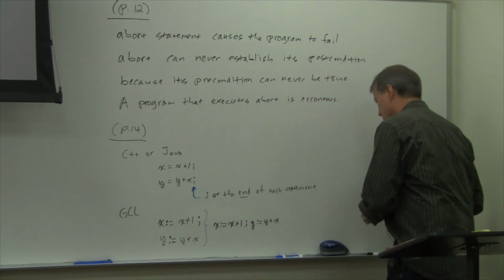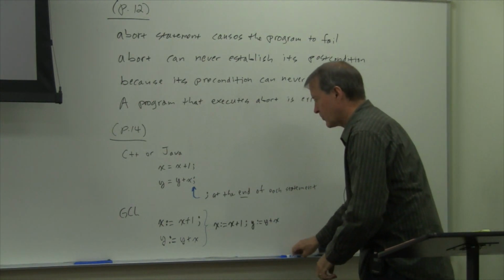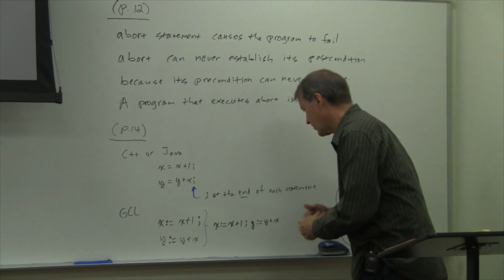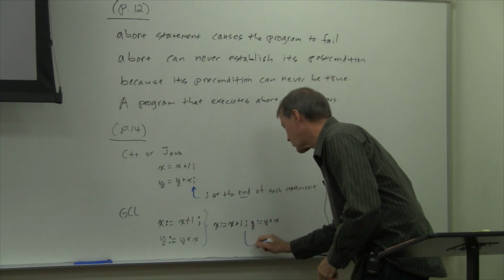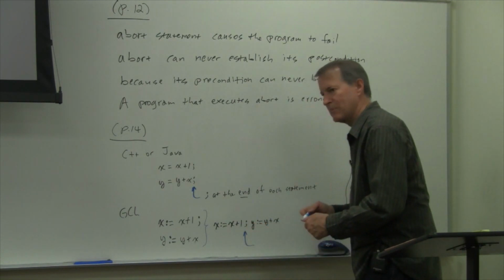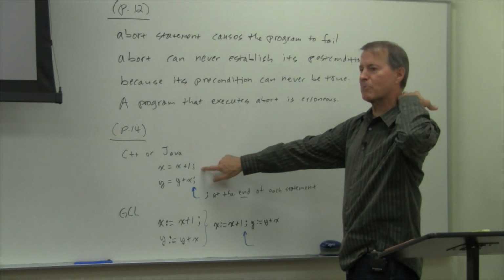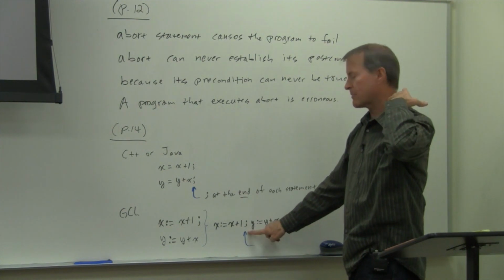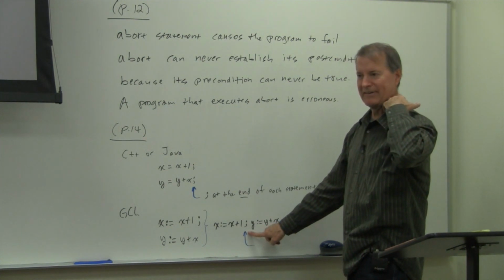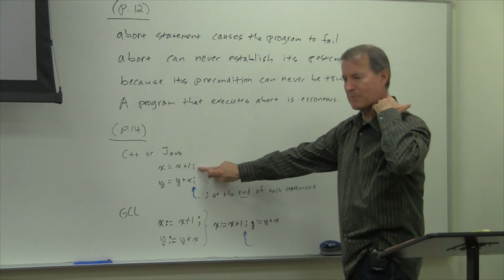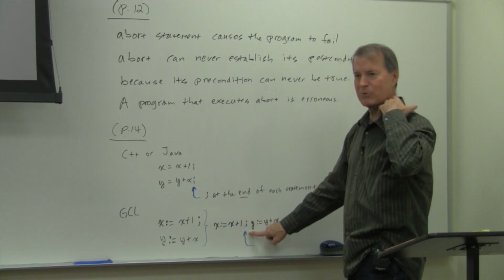And what's the difference between a semicolon here and a semicolon here? Here, this semicolon separates two statements. It's a separator. It's not a terminator. In C++ or Java, this semicolon is a terminator of each statement. Here, this is a separator between two statements.